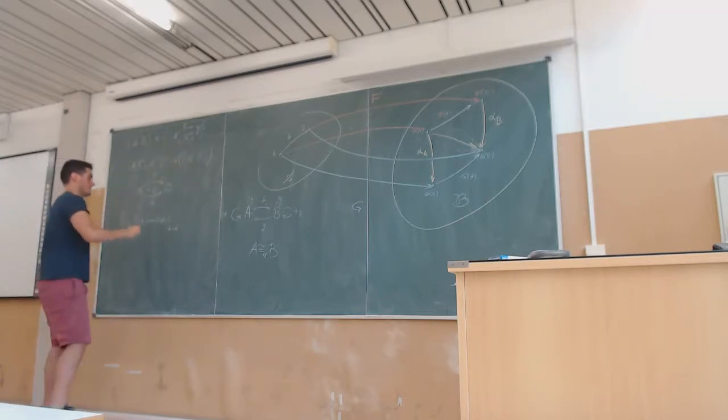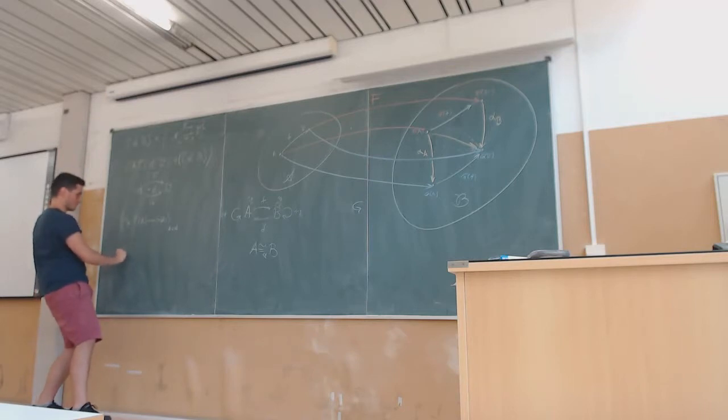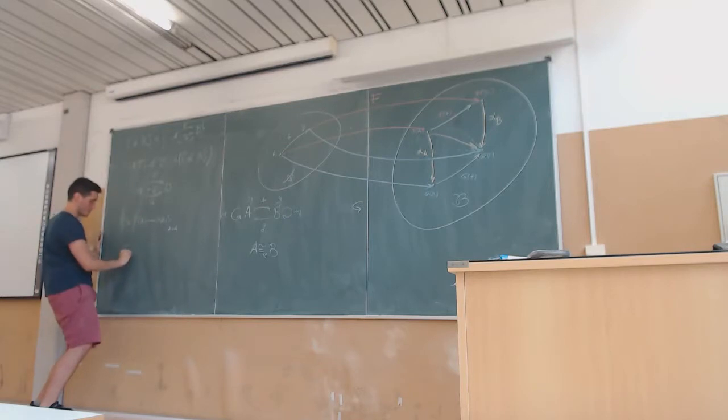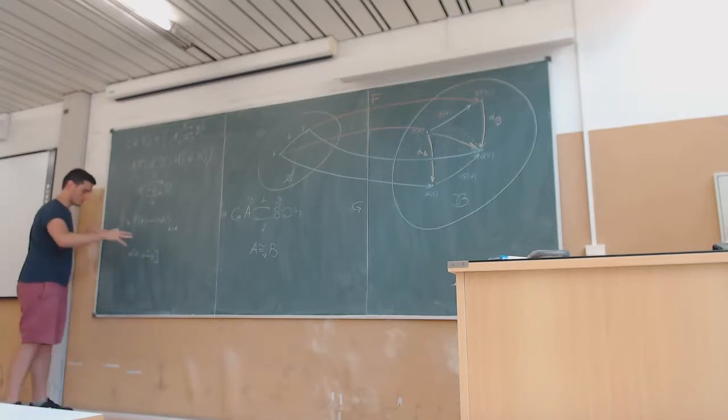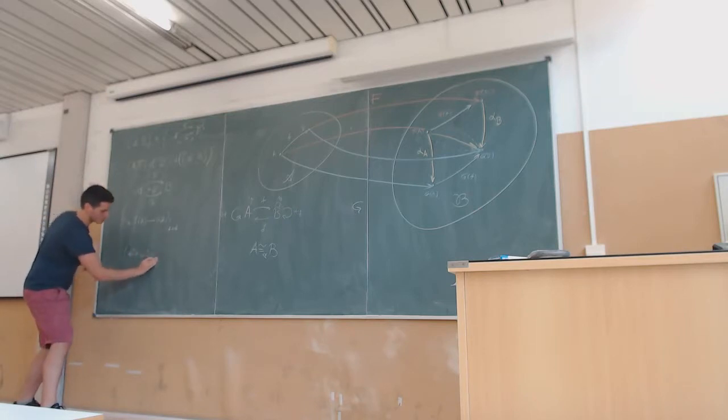And then the arrows of this, so if I want to say two objects in here, will be a functor from A to B and a functor from A to B, right? So these are two objects.